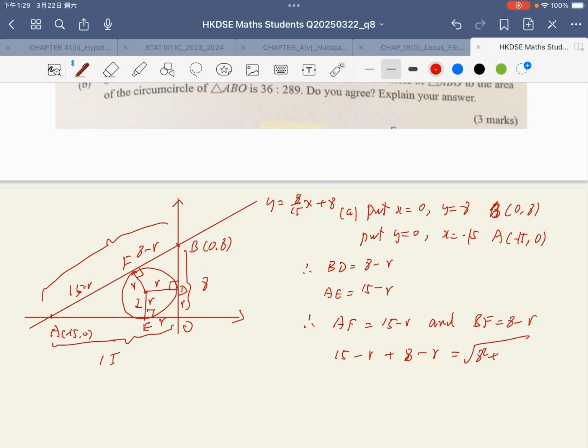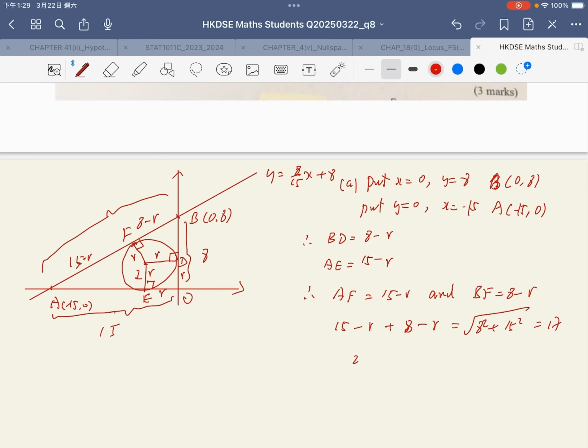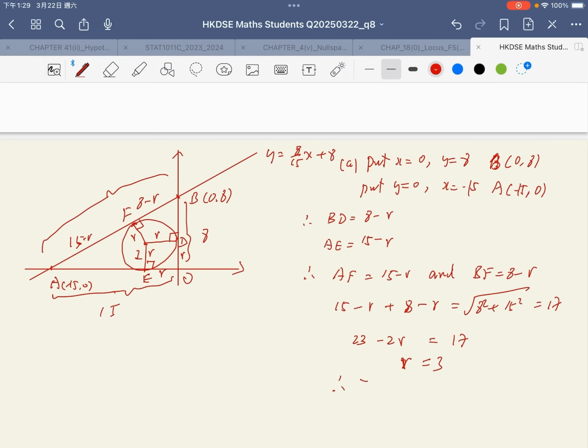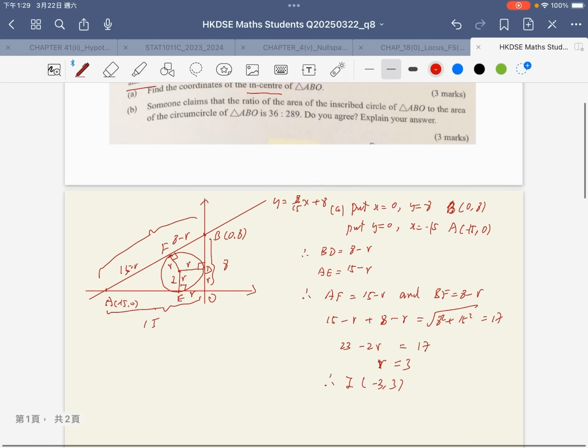This is 8 squared plus 15 squared. This is 17, and 23 minus 2R equals 17. Then R is actually equal to 3. Therefore, the incenter should be (-3, 3). That's the first part of this question.